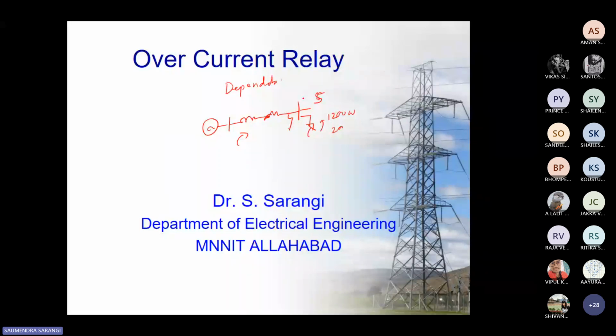So there will be a 10 ampere plug or 15 ampere plug. When you use a 1.2 kilowatt load on a 5 ampere plug, what happens? The MCB trips. The trip is happening because of the loss of security, meaning you are losing security in our system.